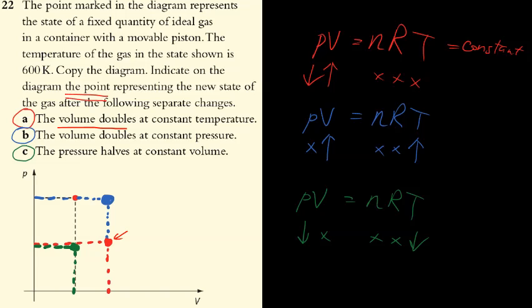While for part B, the volume doubles, so what you have to do is write the equation again. The others are constant, and therefore the temperature will be doubled as well. And therefore you can see that compared with the original dot, the new blue dot should be here. But of course, the temperature here is not shown.